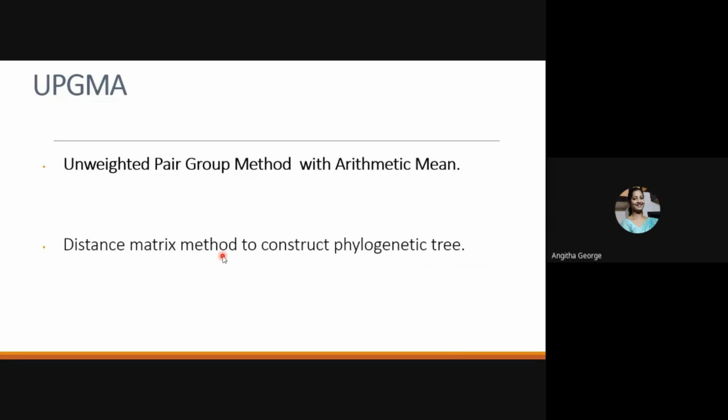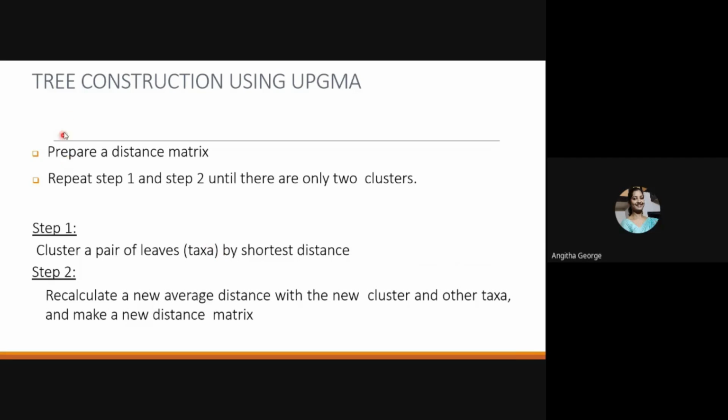Let's go into detail. For tree construction using UPGMA, we have to prepare a distance matrix. Once the distance matrix is prepared, repeatedly do two steps until there are only two clusters. So what are those two steps? Step 1: cluster a pair of leaves or taxa by shortest distance.